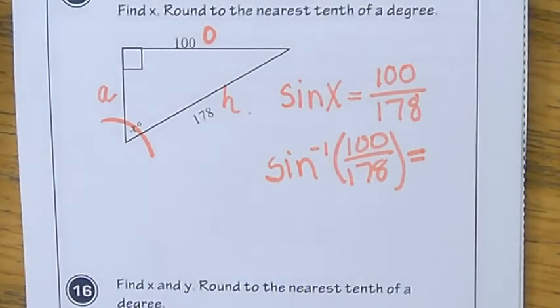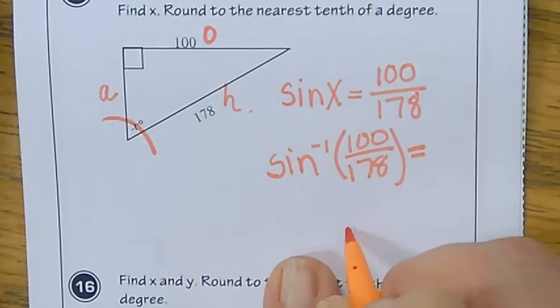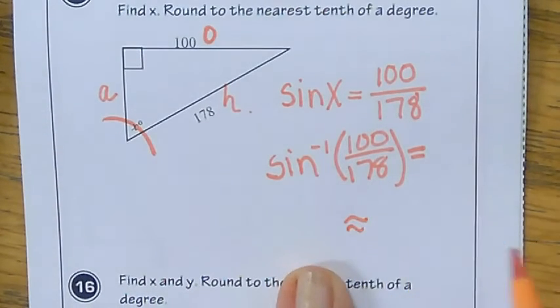So go ahead and try it. Hit shift, sine, and round it to the nearest tenth. It says math error.